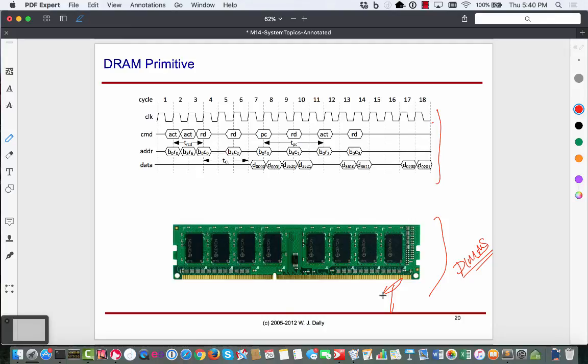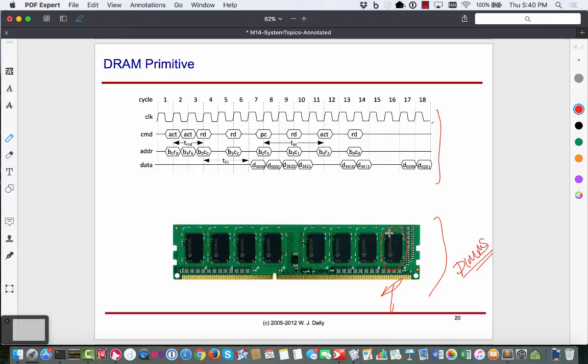Rarely are there DRAMs which are, but yeah, you can have 256 gigabit on the high end. What you see out there are multiple chips. Each one of these would be a single DRAM chip, and then they're glued together.